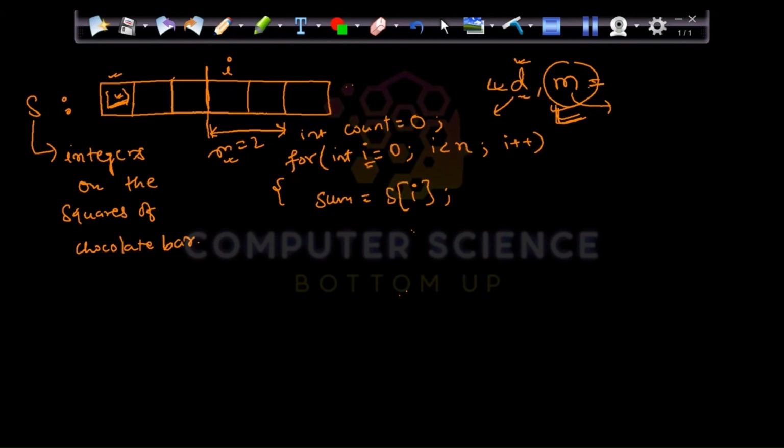So what I will do is, I will not use a for loop and go through all the contiguous m squares.